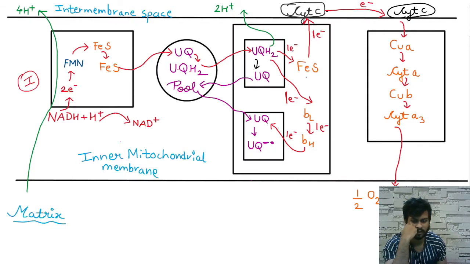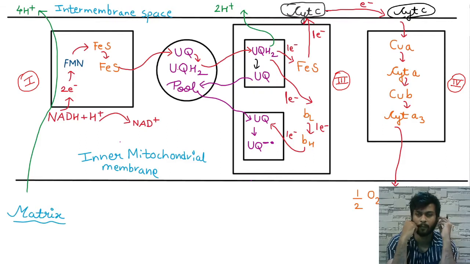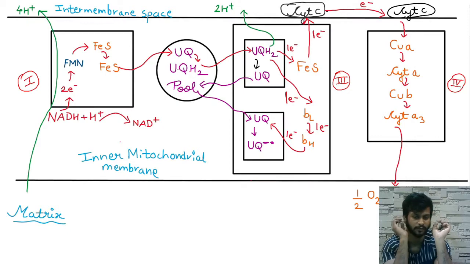This is complex 1, this is complex 3, and this is complex 4. I have purposely not shown complex 2 over here. Complex 2 we will see later, because explaining complex 2 now will create much confusion. You will understand in the upcoming slide why I have not shown complex 2 over here.